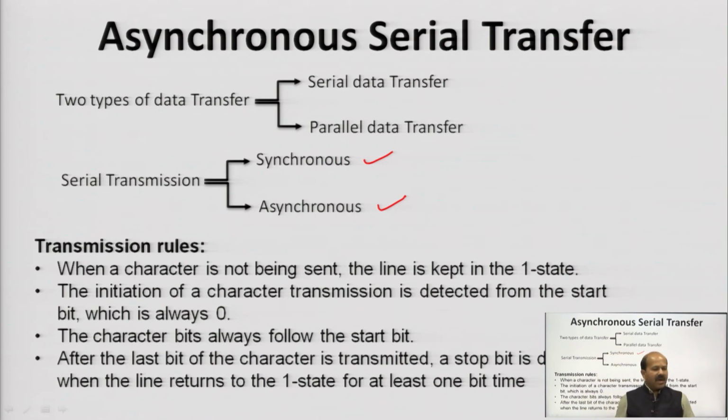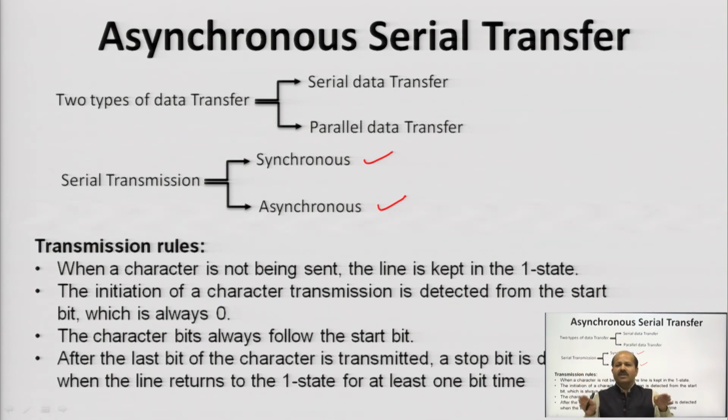Next, after the last bit of the character is transmitted, a stop bit is detected. As we know, when there is no transformation or no data is available on the channel, the line will be in the one state or higher state. So, when the message has been read by the destination unit, how will the next character be informed?